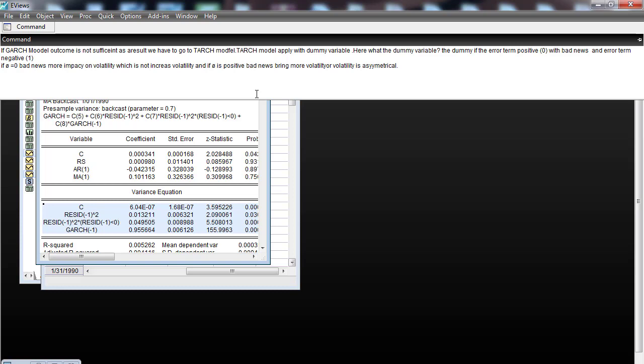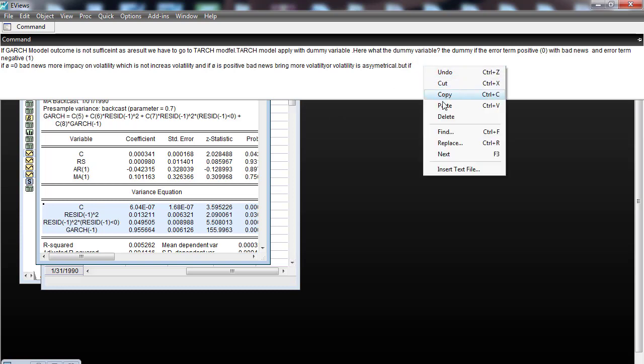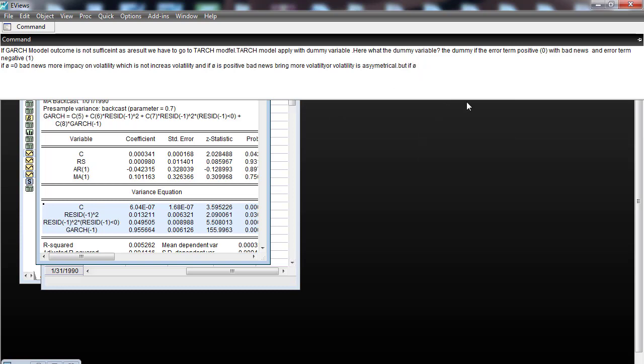Okay, but if theta is negative, it means more impact on volatility.